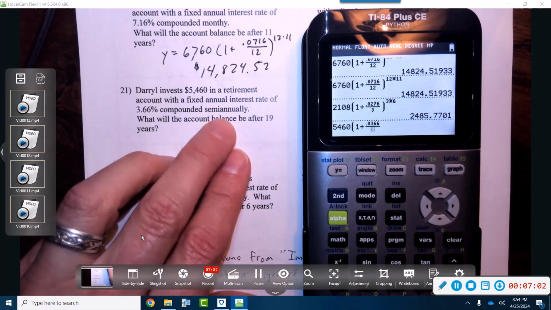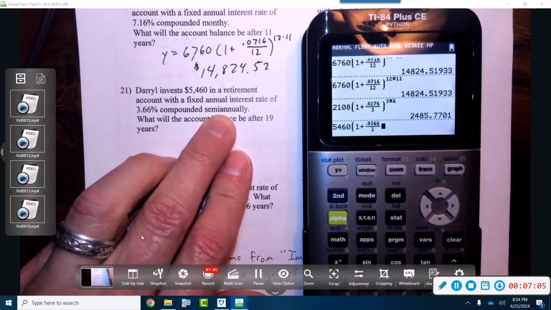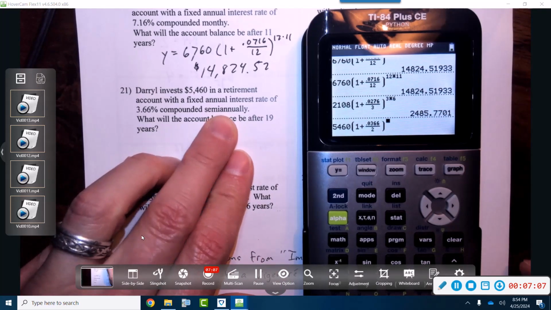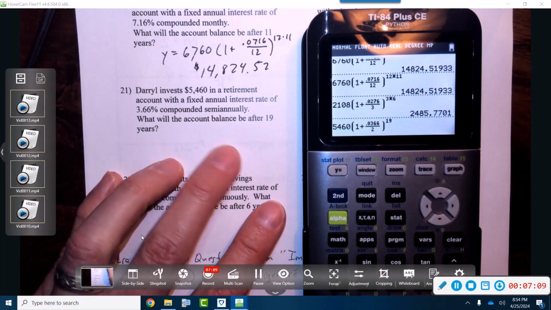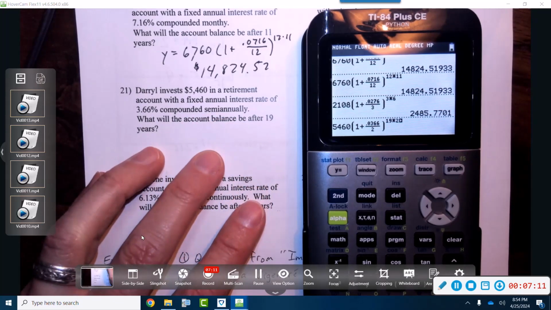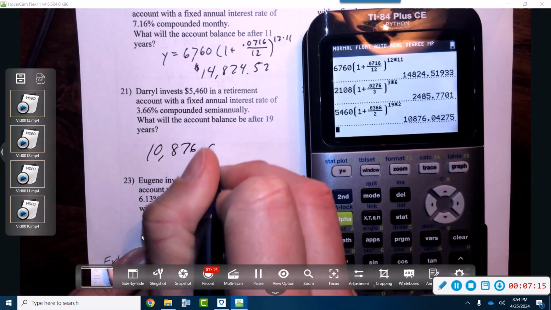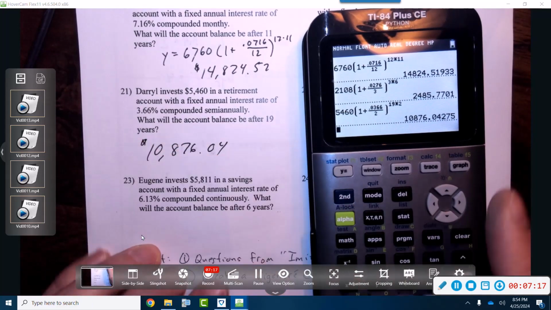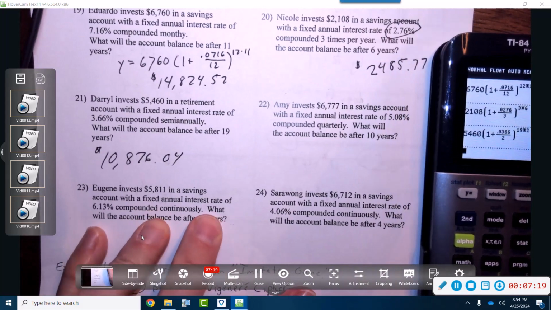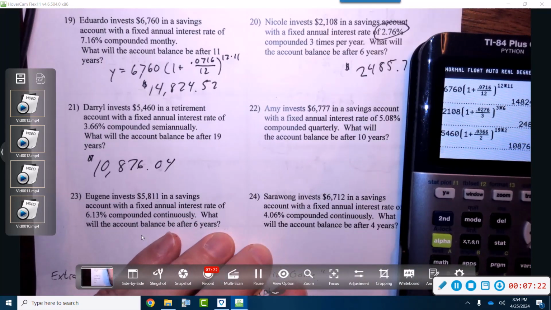We're going to do that semi-annually, which is 2. We're going to make sure that we're careful. 19 years, we're going to do that 2 times each one of those years. So we get $10,876.04.